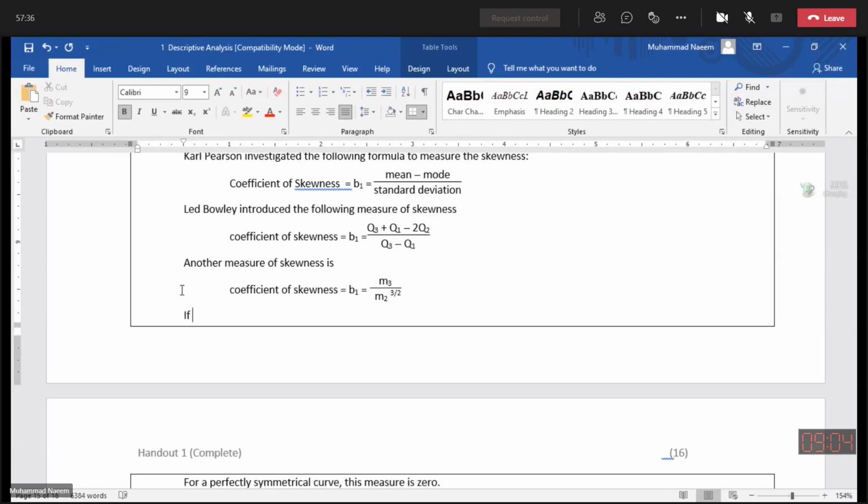Okay, now we decide. If this B1 is 0, we say that the distribution is symmetrical.